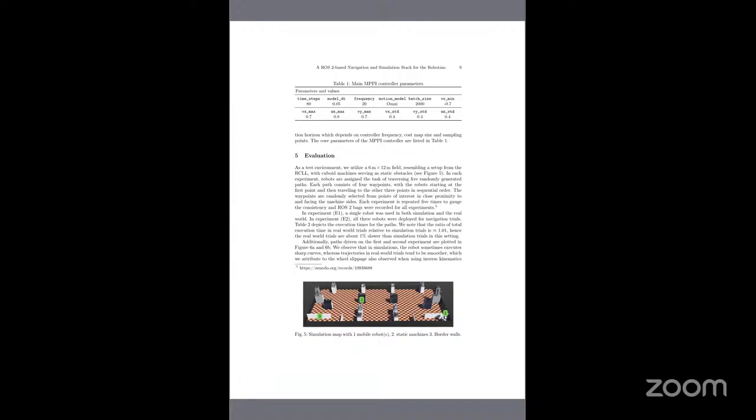So in order to work this MPPI controller, we need to adjust different parameters. This was mentioned in this table. Time steps 80. So this means the future 80 time steps the robot will predict. Model DT 0.05 seconds.